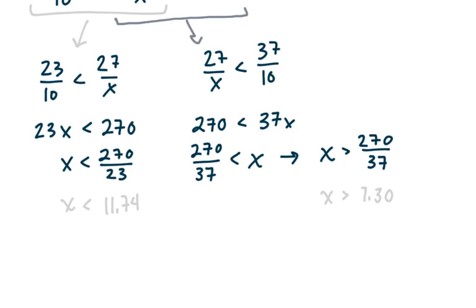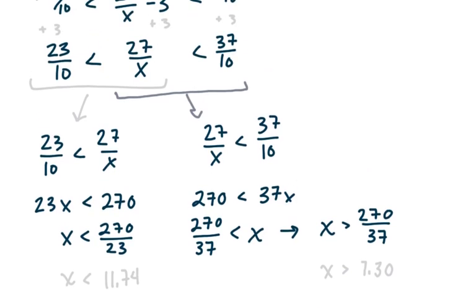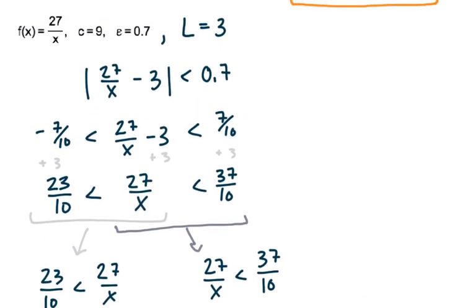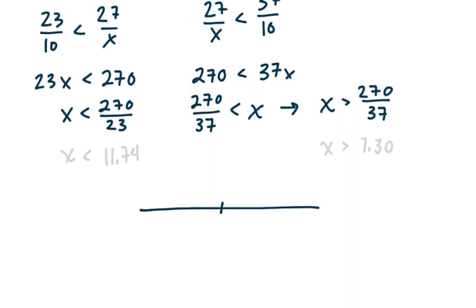All right, so what we're looking at and what we're trying to determine is what my delta range is going to be. Now, my x value is approaching 9, c being 9. So this is 9. We're looking at the fact that x has to be less than 270 over 23, which is approximately 11.74, or x has to be greater than 270 over 37, which is approximately 7.30.